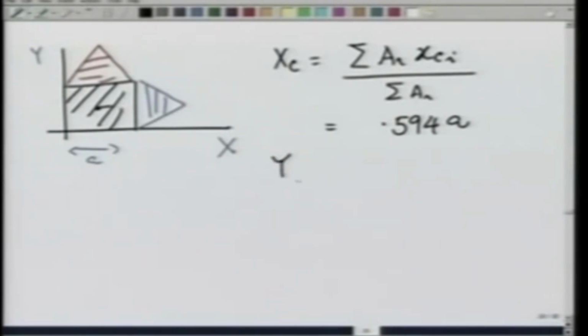Similarly, you can calculate yc, which is going to come out to be again 0.594a.